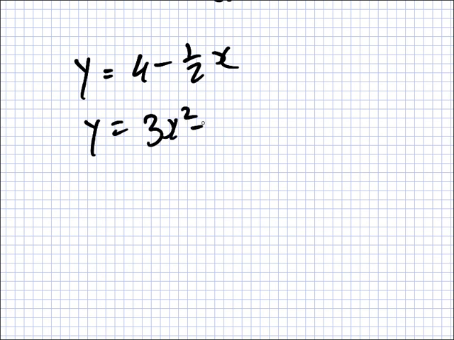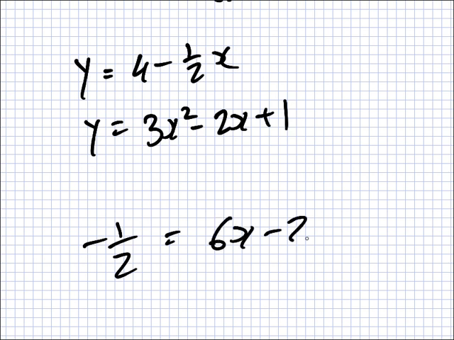I'll just write it down. So what are you trying to find? The value of x. So look, they've given you 2 lines. What's the slope of the first line? Minus a half. And what's the slope of the second line?